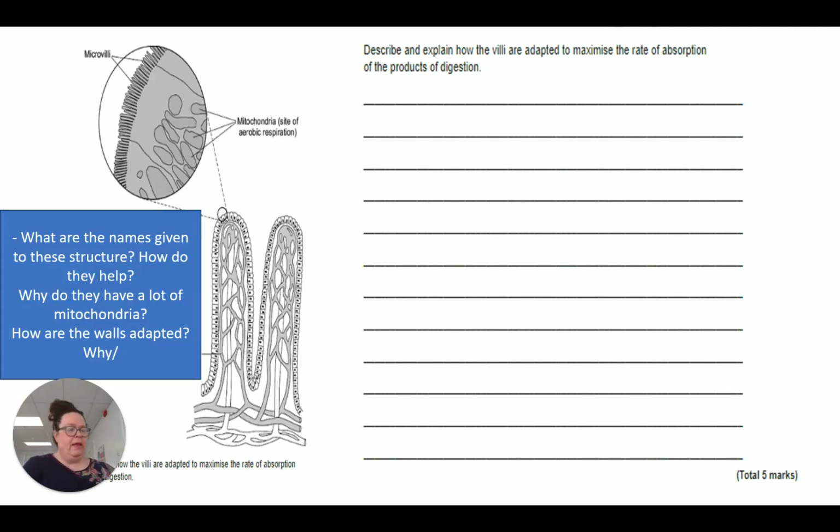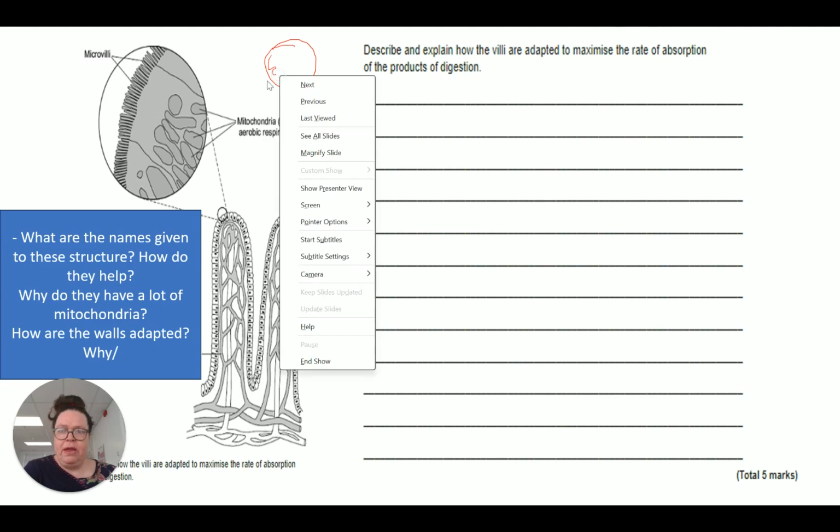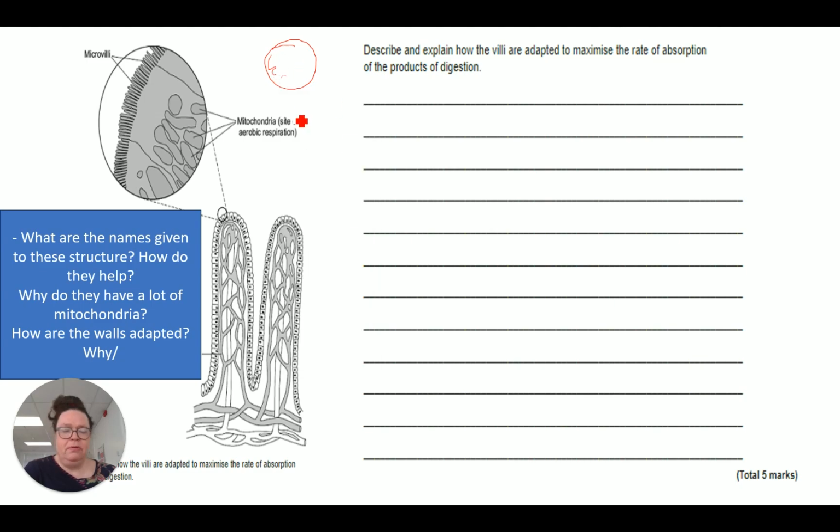Okay, so we've got some villi here, and villi are in the small intestine. If we cut the small intestine round like this, then the inside would have many of these little projections, one of which is a villus.